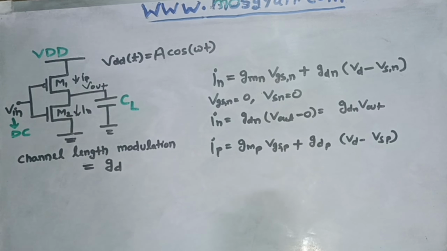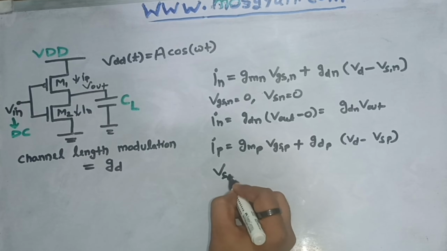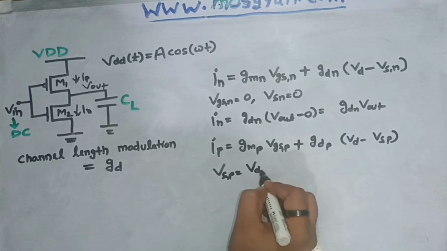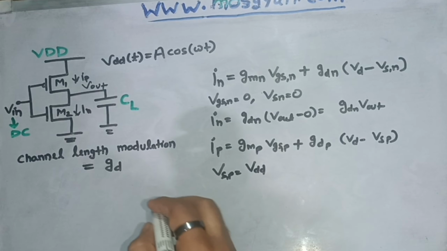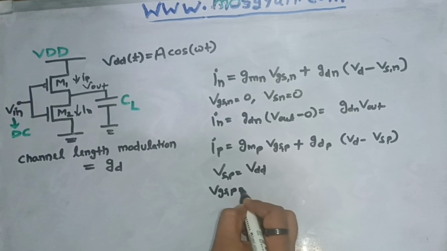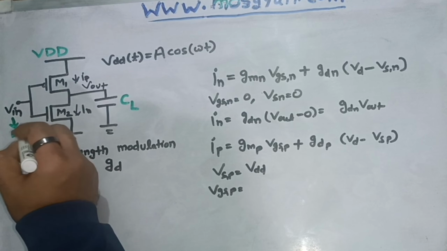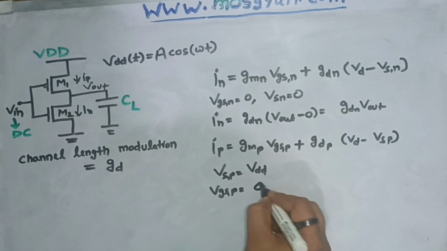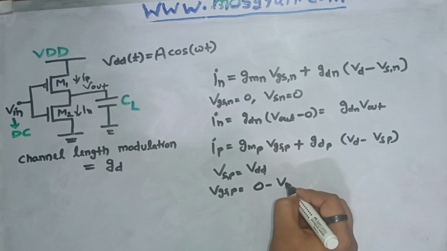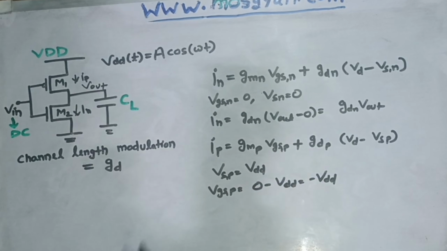Now VS of PMOS is nothing but VDD, which is given to us in this equation. And to calculate VGS of PMOS, I can write it as VG minus VS. VG is 0, since this is DC in nature, so 0 minus VDD. So VGS of PMOS will be negative VDD.